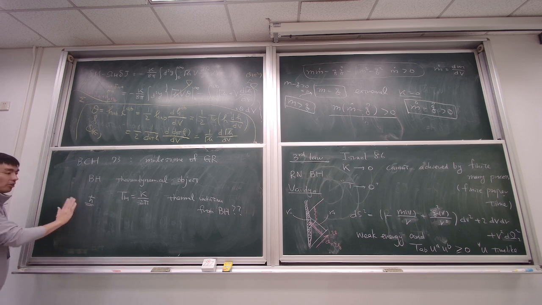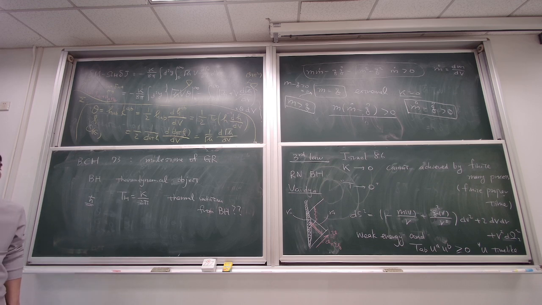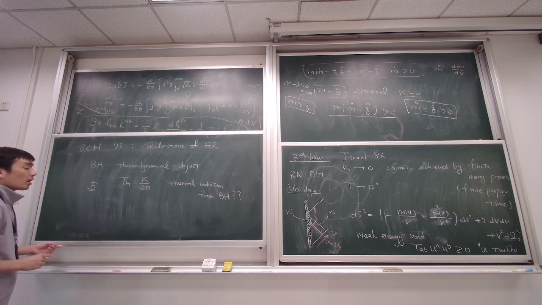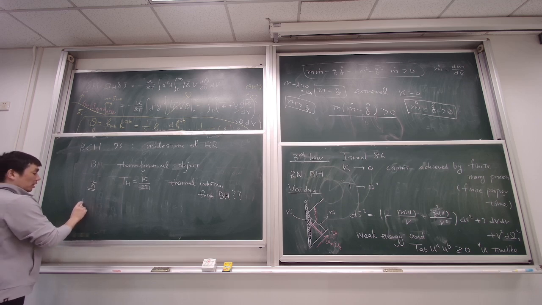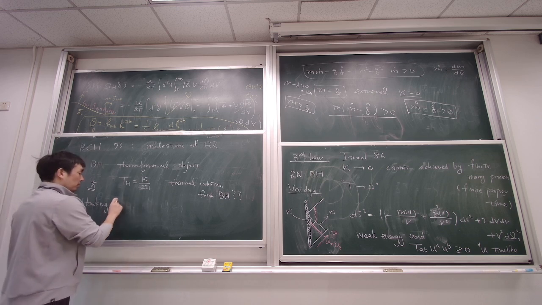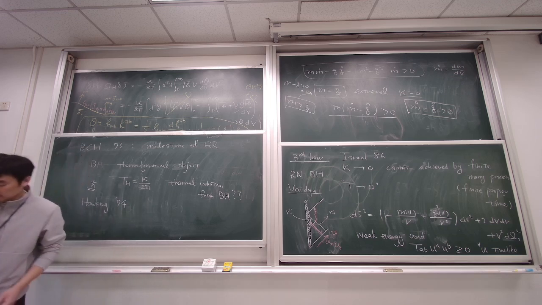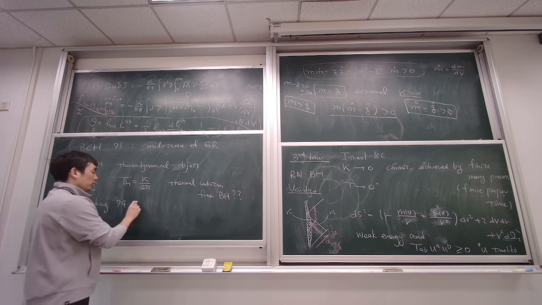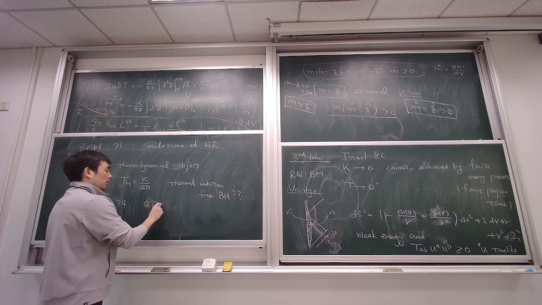Anyway, if you have a temperature, you should have a Planck distribution of thermal radiation. So how to derive this? This one is famously given by Hawking in '74, which we are going to cover. To do that, we need to introduce so-called QFT in curved space-time.